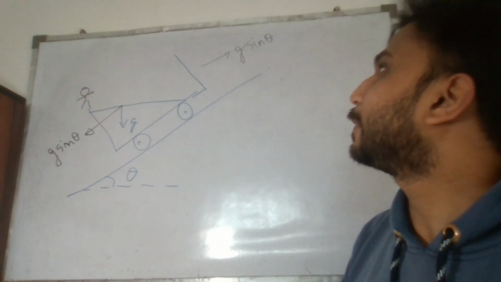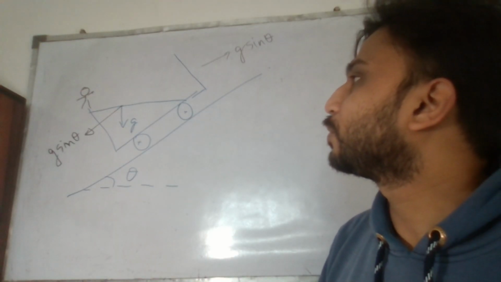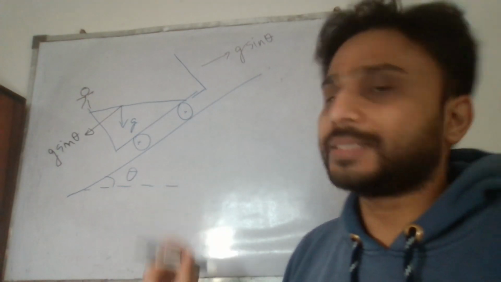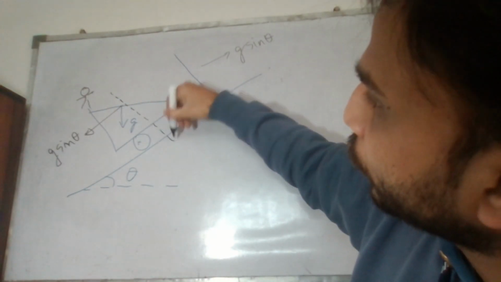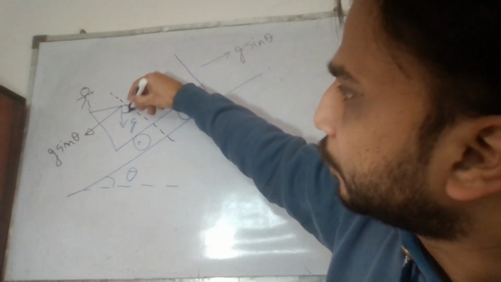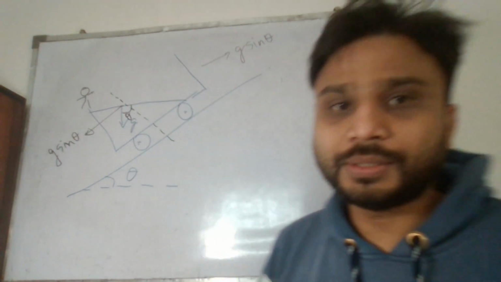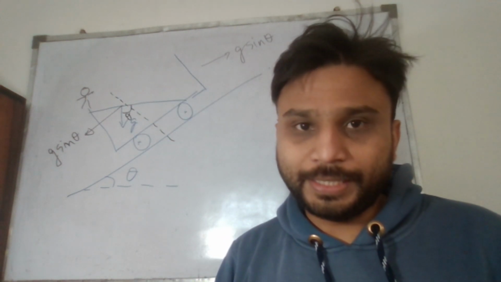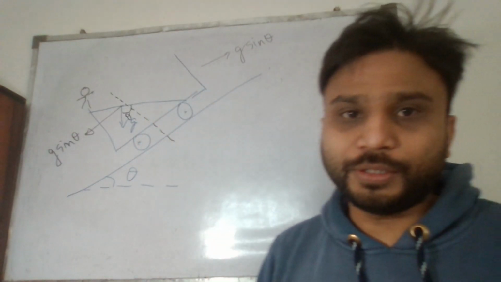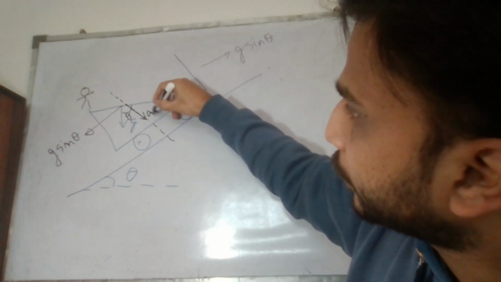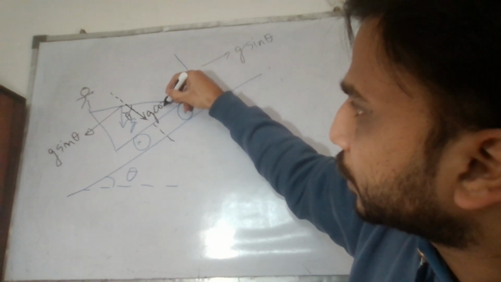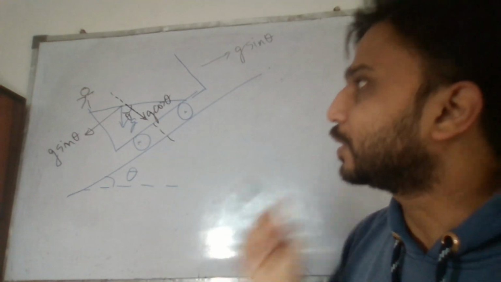Now, if this angle is theta, what would its component be along this direction, that is perpendicular to incline? It will have a component like this, that is g cos theta, right?